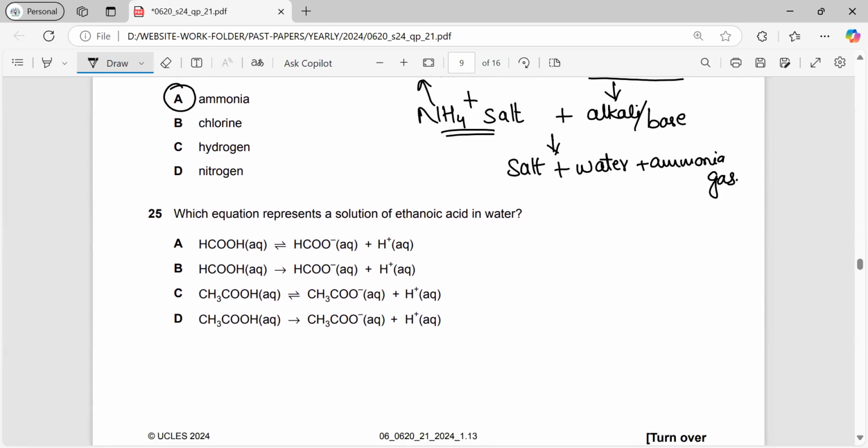Next, which equation represents a solution of ethanoic acid in water? Ethanoic acid is a weak acid, and all acids are proton donors. So ethanoic acid, CH3COOH, loses a proton, and CH3COO-, the ethanoate ion, is formed.